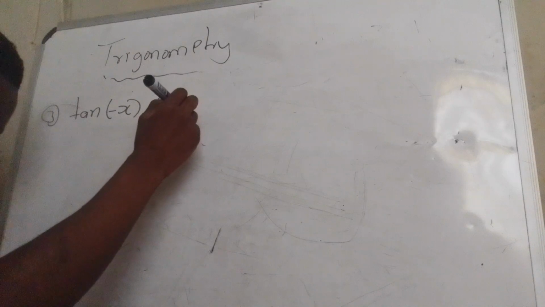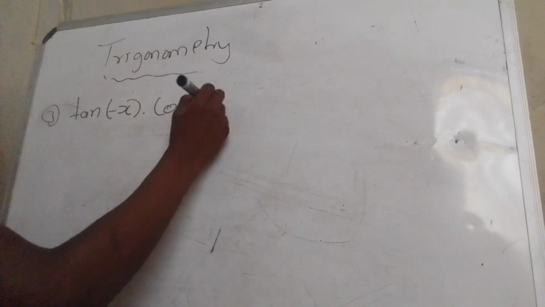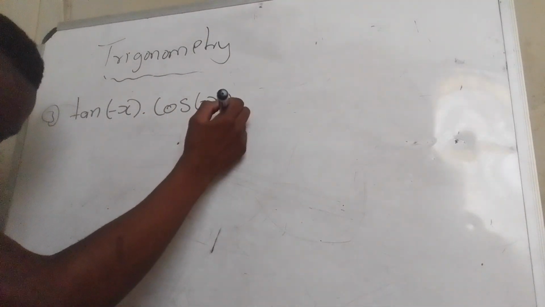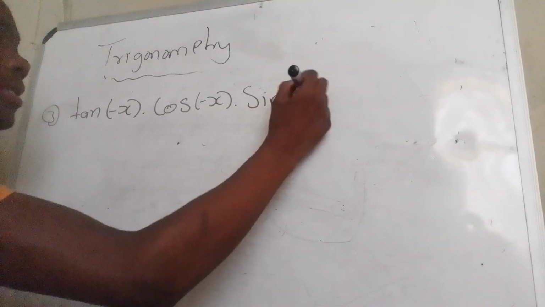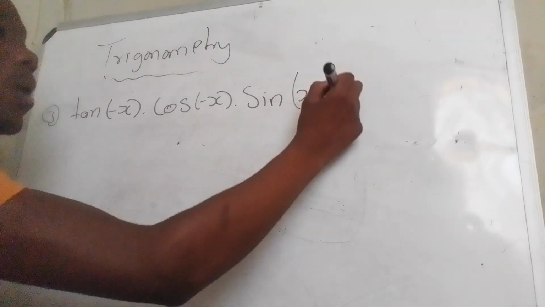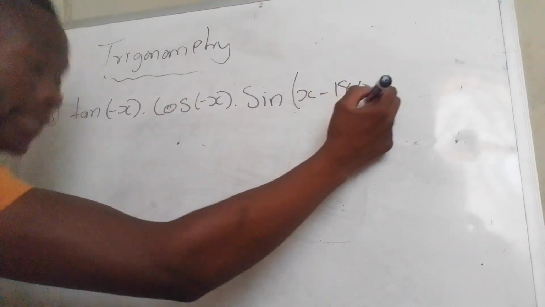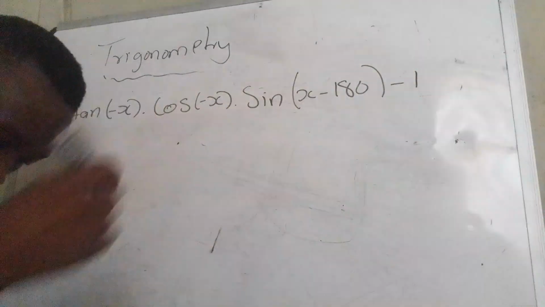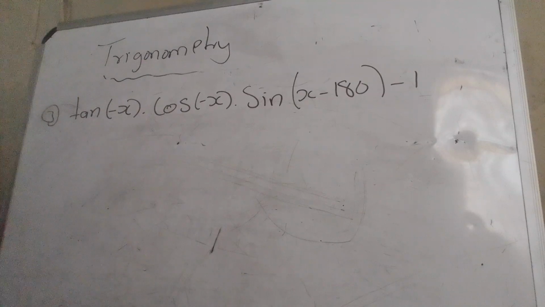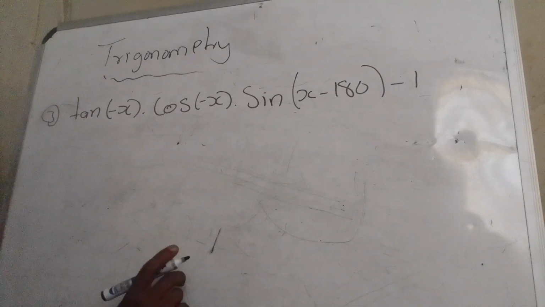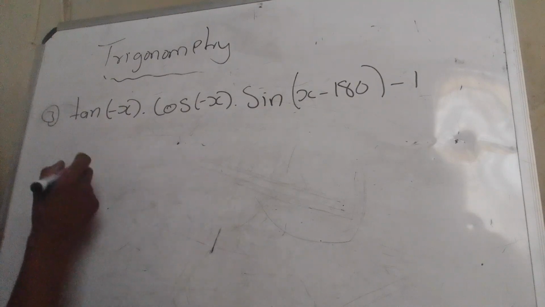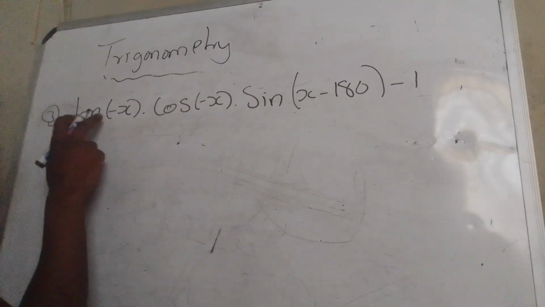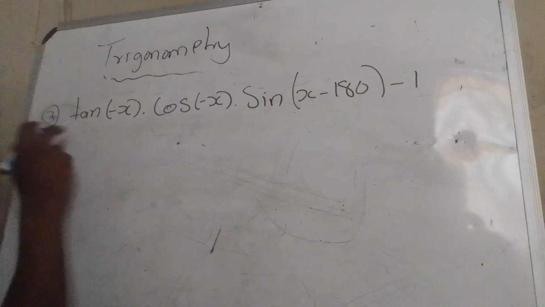cos negative x times sine of x minus 180 minus 1. It weighs 5 marks. We are dealing with 5 marks here. So everything we are doing here is a mark, right? So we're having a tan, we have a negative angle, then we have tan theta here, right?